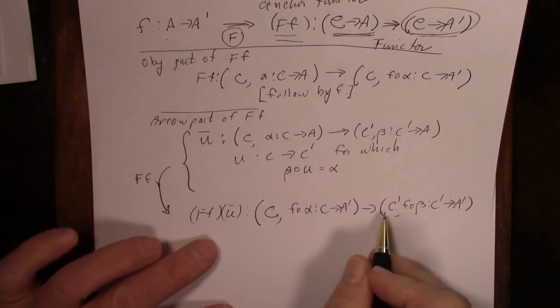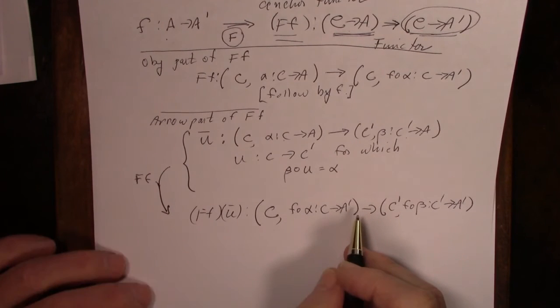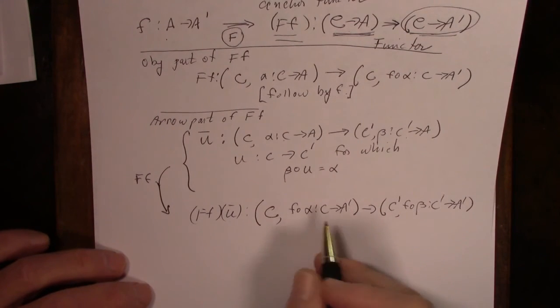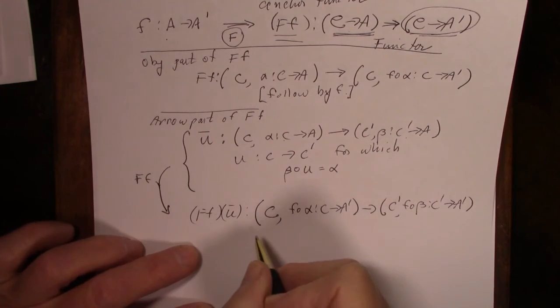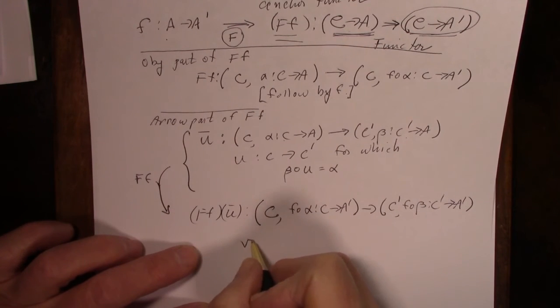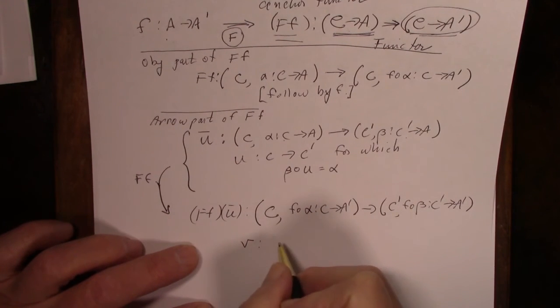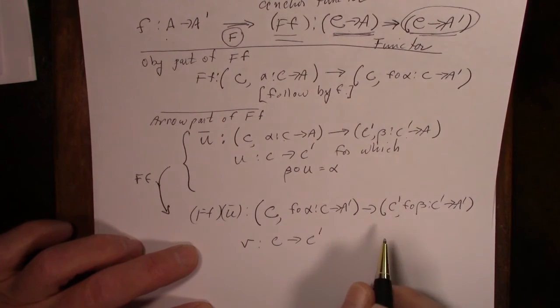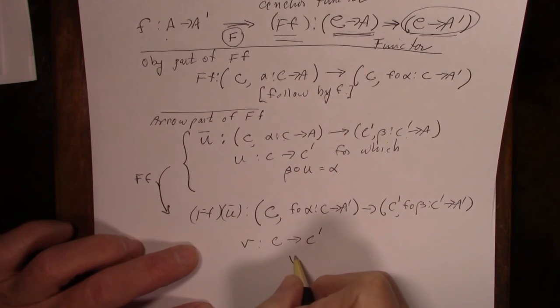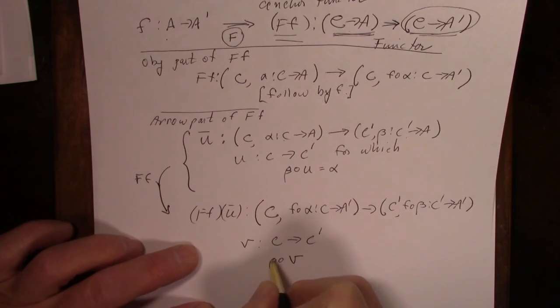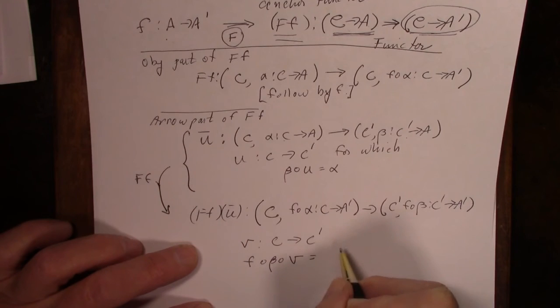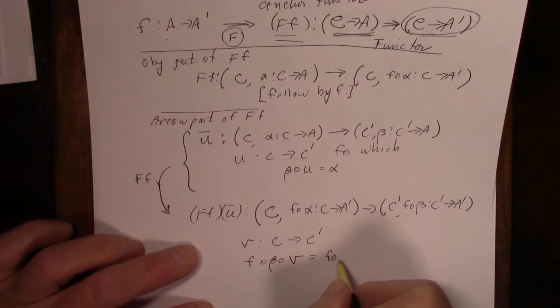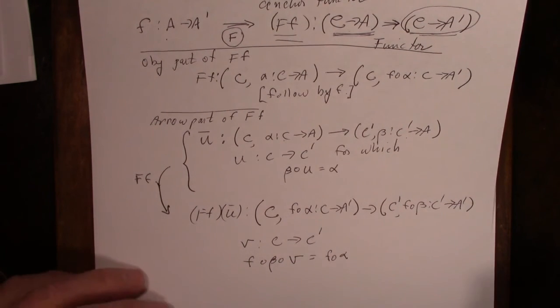And this must come from a qualifying morphism. What does the qualifying morphism look like? It's a morphism V from C to C prime, V circle beta circle F is equal to F circle alpha.